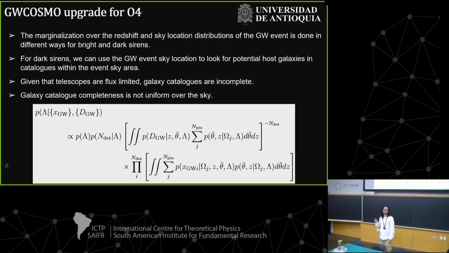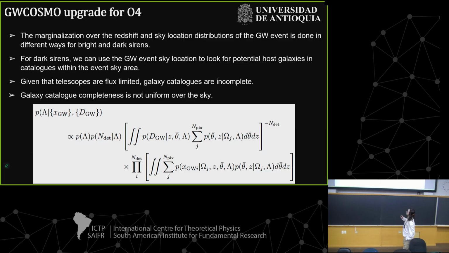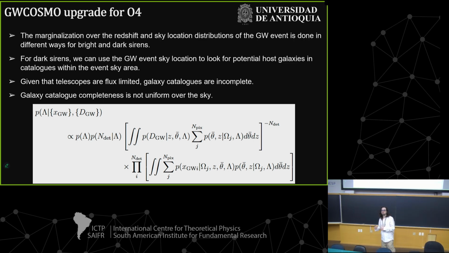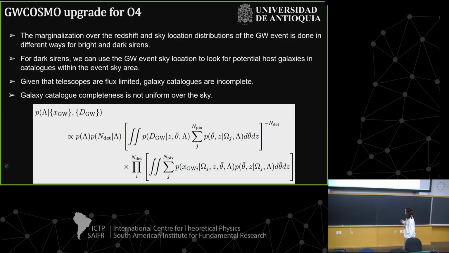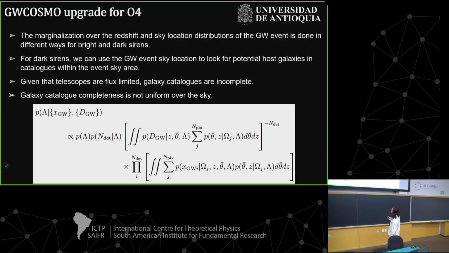This marginalization over the redshift is done in different ways for bright and dark sirens. For bright sirens, usually you just assume a Gaussian distribution for the redshift with some mean given by the electromagnetic data and some width given by the error of this data. That's the simplest way to do it, but here I'm going to focus on the dark siren method because it is more involved.